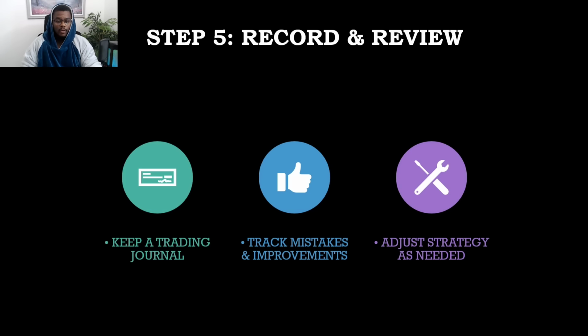Did that lead to a profitable trade? Did that lead to a failed trade? Were you rushed into the market? Was there any sort of thing really that prompted you to want to take the trade? Did you follow your strategy to the letter, or did you deviate from it? All this needs to be journaled, and then this would help to track any sort of mistakes and also help you to make improvements as well.